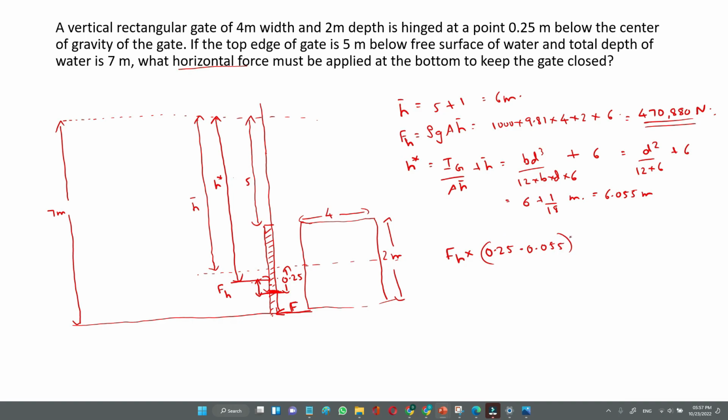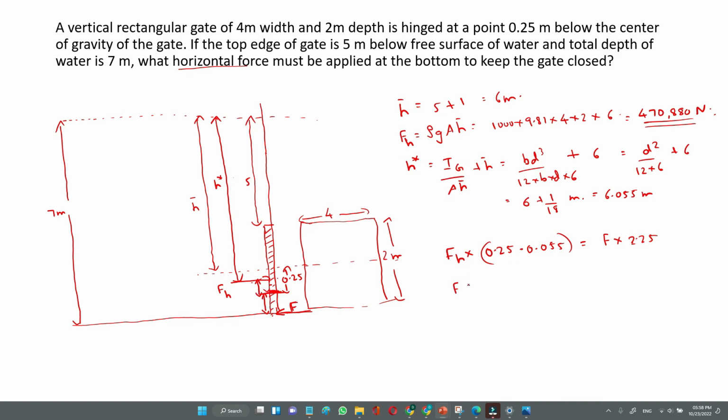will cause the gate to open. This needs to be countered by the opposite force, that is F into 2.25, that is this distance, 2.25.